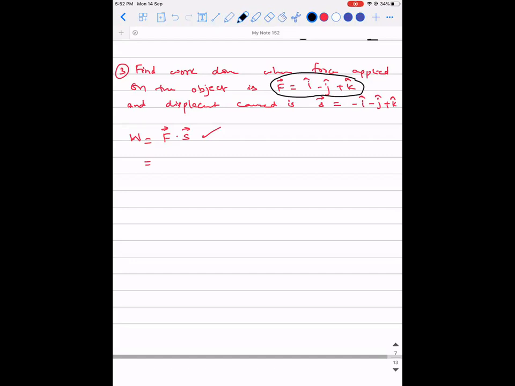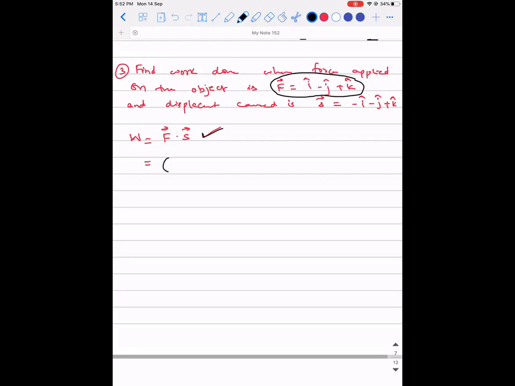Look at I cap, J cap, and K cap's coefficients. Are the coefficients constant or function of displacement? Constants. So they are constants, which means force is also a constant. So in that scenario, yes, I can apply this formula.